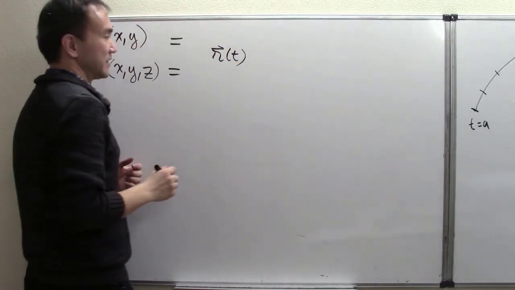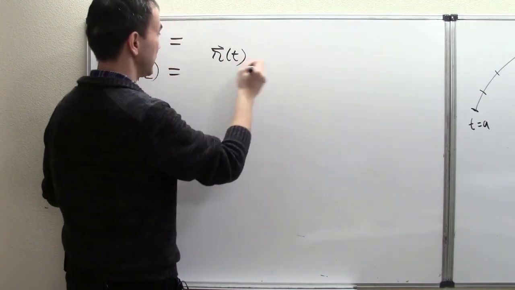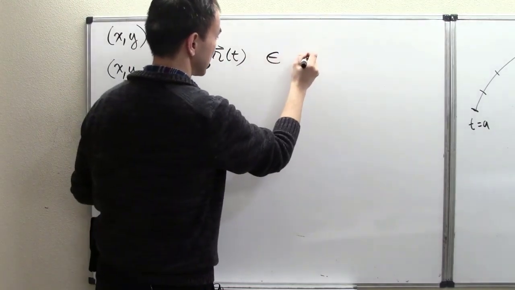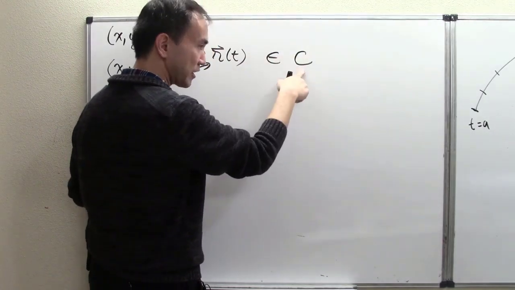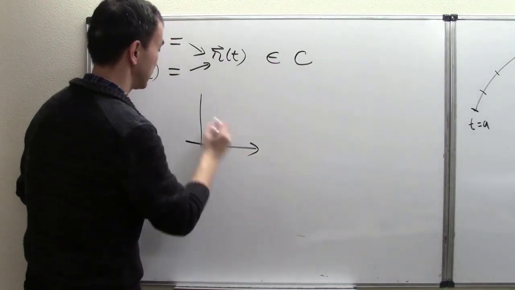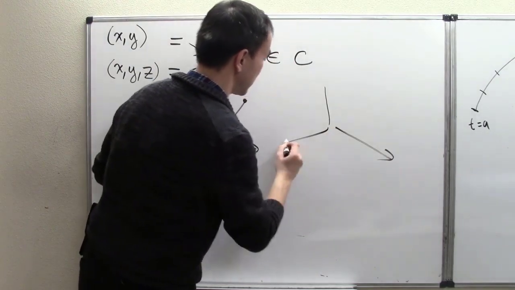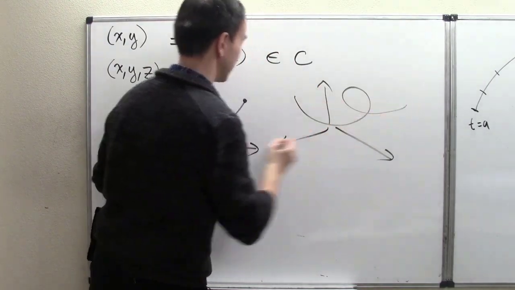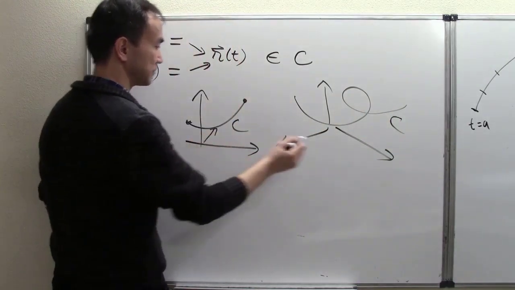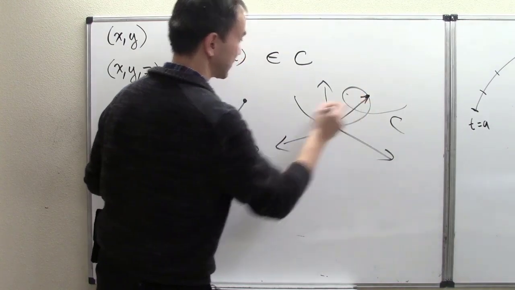And of course the vector valued function of t right here is a position on that curve, either a 2D curve or a 3D curve, C. So the vector valued function has to be a position on that curve.